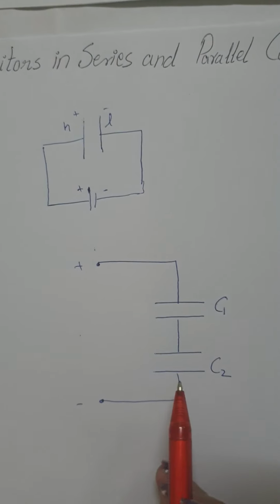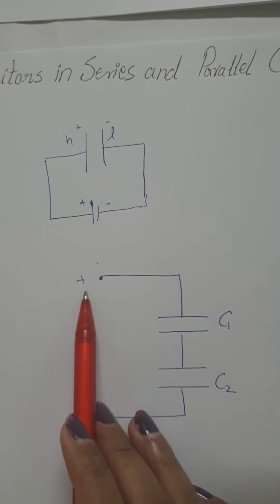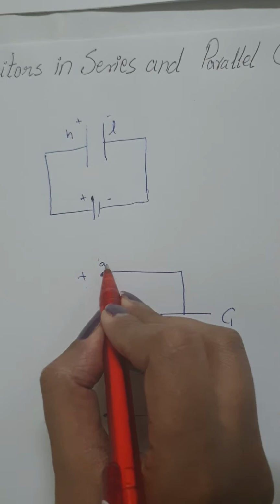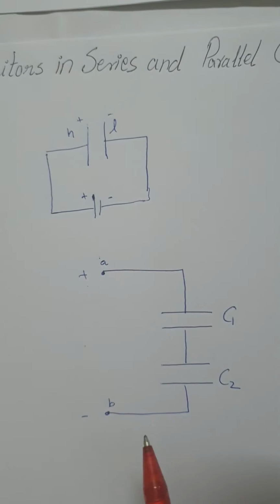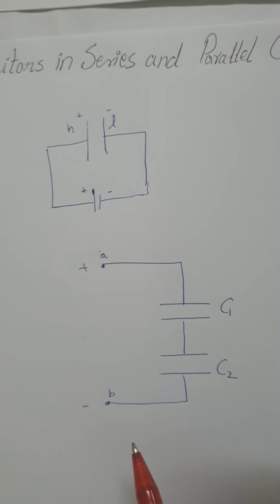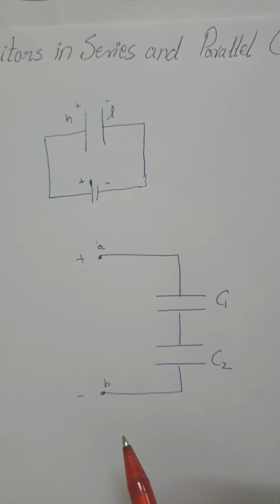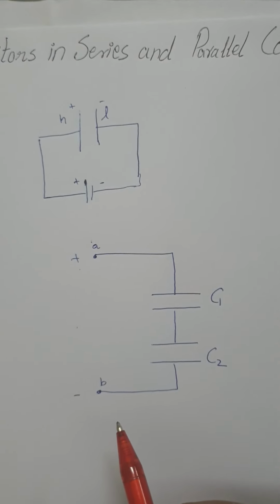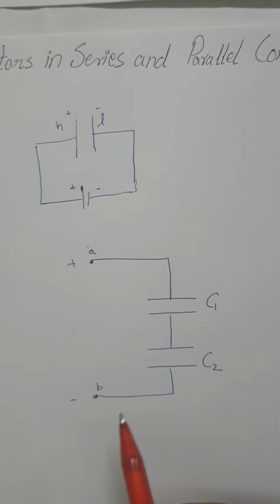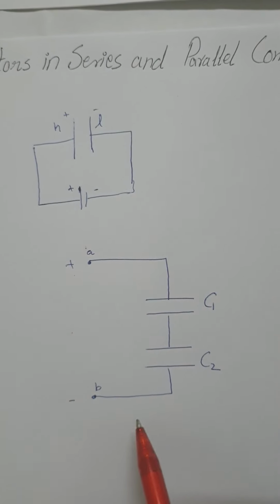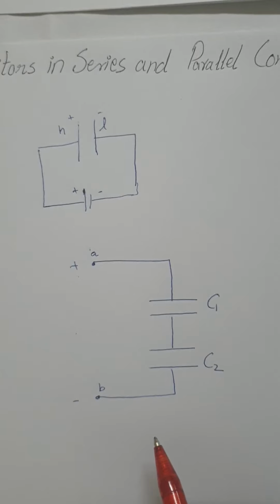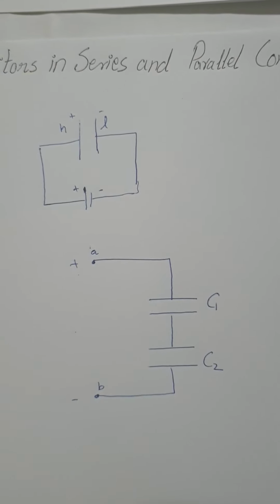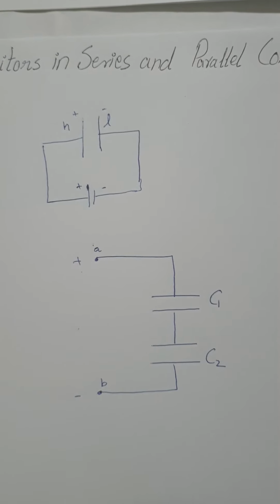Here two capacitors are connected in series between the terminals of the battery, say at points A and B. Series means the capacitors are wired serially, one after the other, and a potential difference V is applied across the two ends of the series. The potential difference across the capacitors in the series produces identical charge Q on them, which we will discuss.